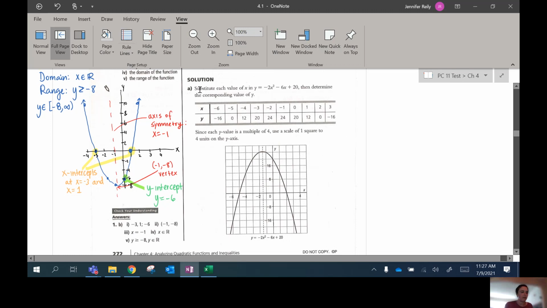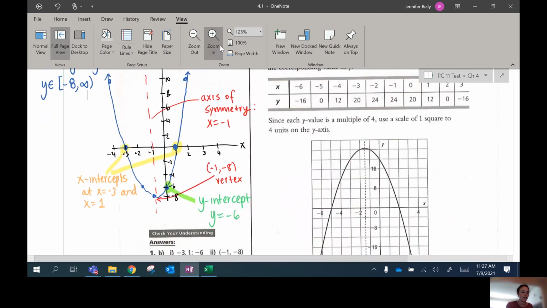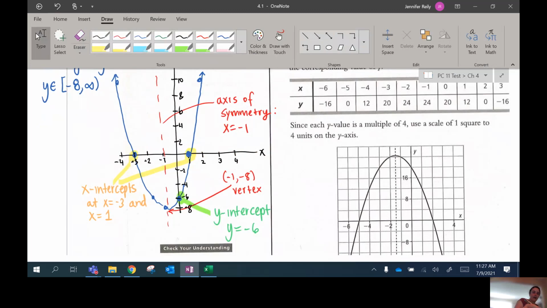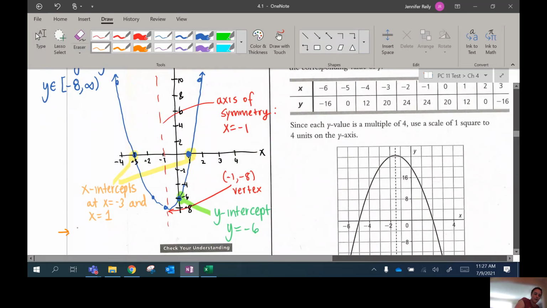The other thing I want to mention is that the x-intercepts also have another name. There's a couple of different names for them. They're also called the zeros of the function. The reason they're called the zeros is because that's where the graph equals 0. That's where the y value is 0.